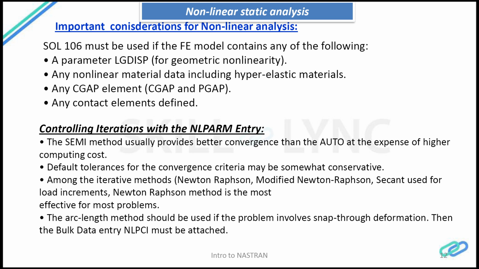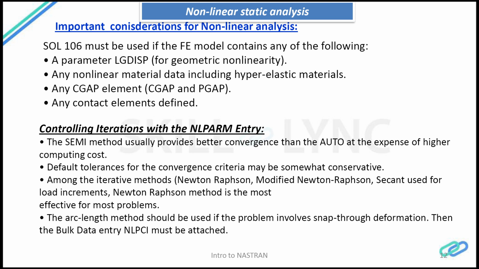But the SEMI method takes a higher computing cost, in the sense it takes a bigger buffer memory to run, and in terms of time taken for the runs, both are similar.